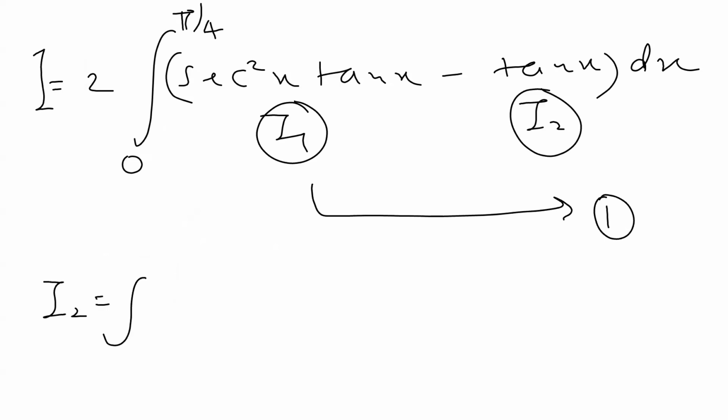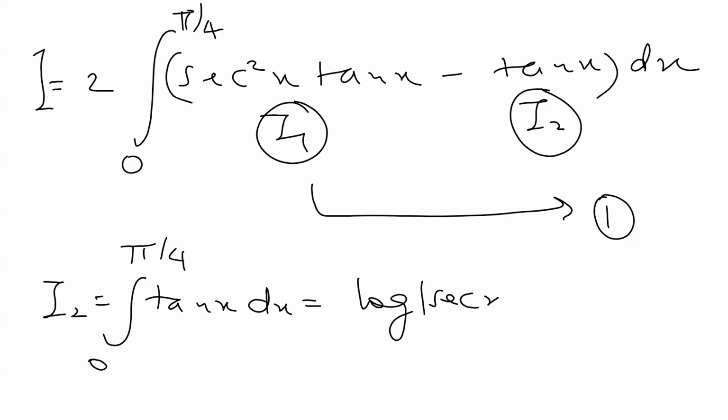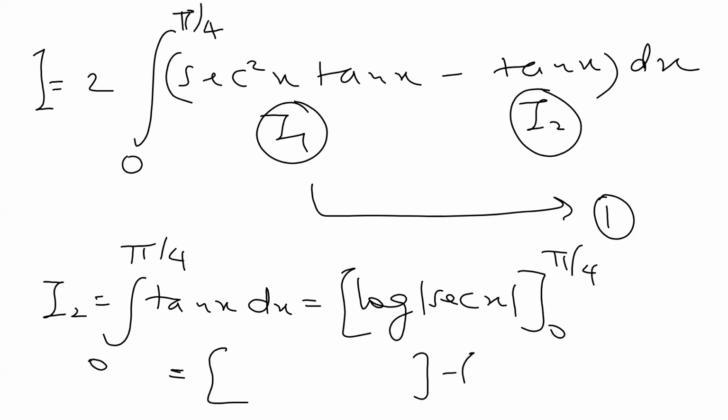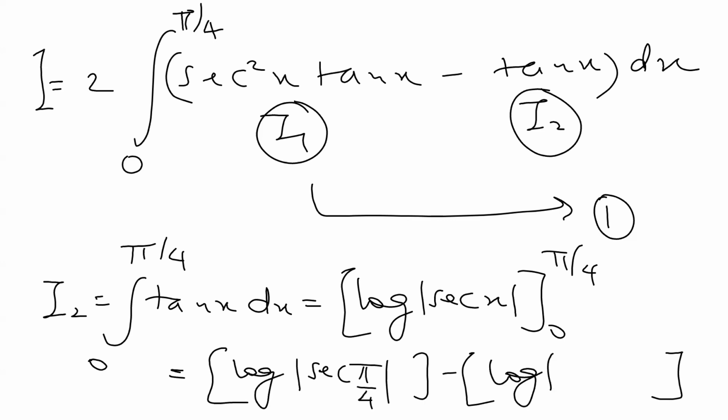Solving I2 first, 0 to pi by 4, log mod sec x, 0 to pi by 4, box minus box. Log mod sec pi by 4 minus log mod sec 0.